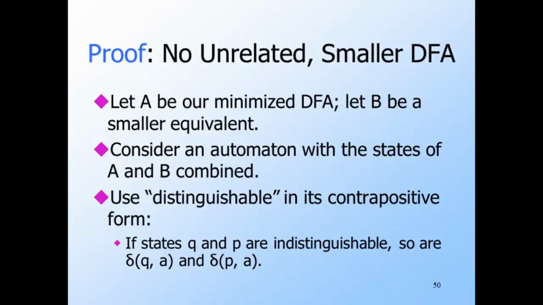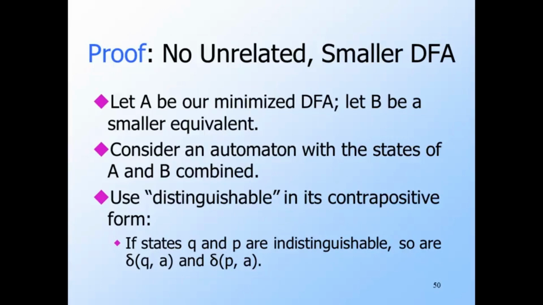Here's the proof that there is nothing smaller than the DFA we get by merging states and eliminating unreachable states. Suppose A is our DFA and B is a hypothetical equivalent with fewer states. Imagine we combine the states of A and B to form a larger DFA.